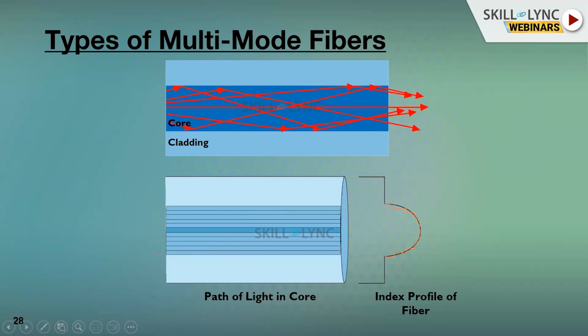That's why you have the specific direction. Imagine the light is traveling straight, but here the light is not traveling straight. It has a certain degree of angle. That's how the graded index works.